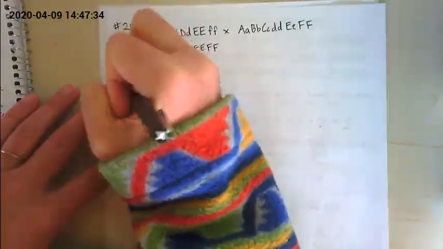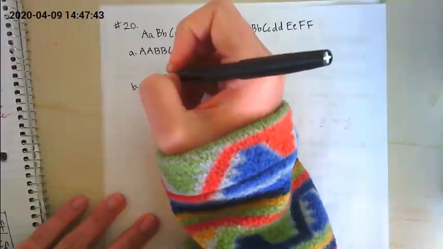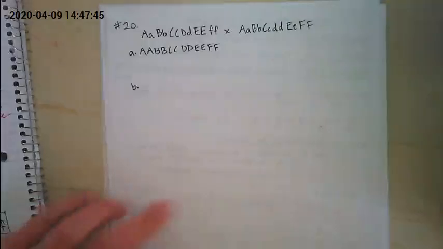All right. I'm going to leave myself some space so I can do the math down here. The next possible offspring is, I kind of wrote that stuff again. Let me look back at the worksheet.